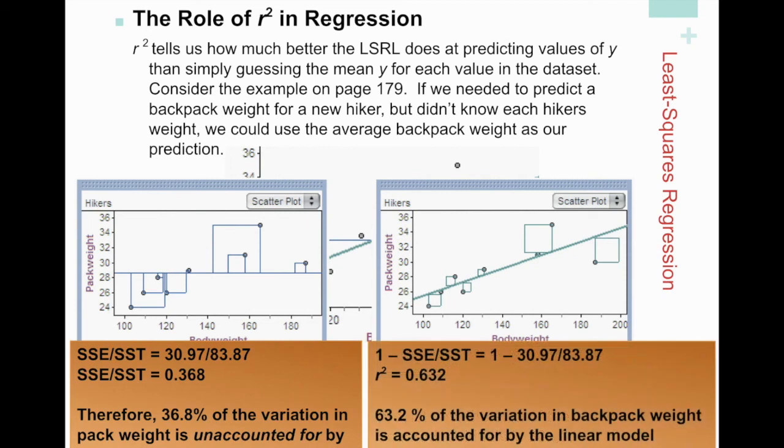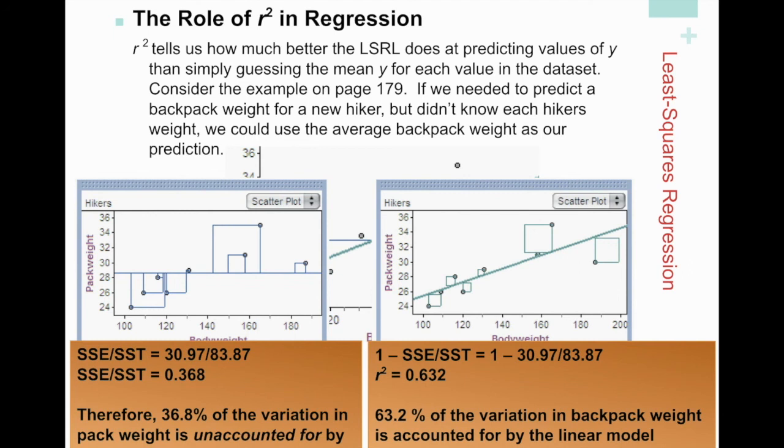So here is our interpretation. R squared is equal to 0.632. That tells us, and I'm reading this sentence right here, which is critically important for you to memorize, 63.2% of the variation in, now you don't just say y, you contextualize it, right? So you'd say what the y actually is.